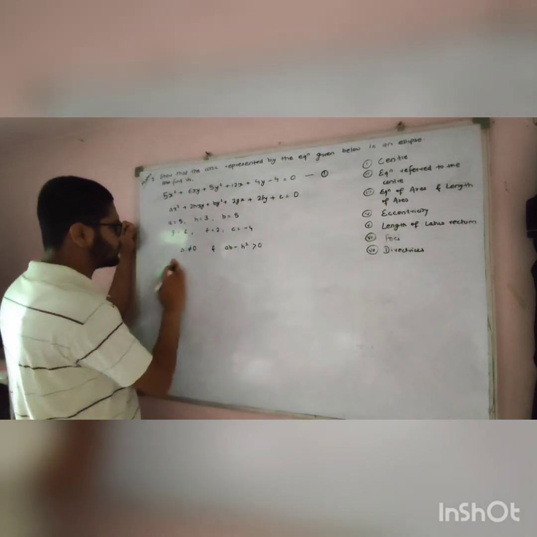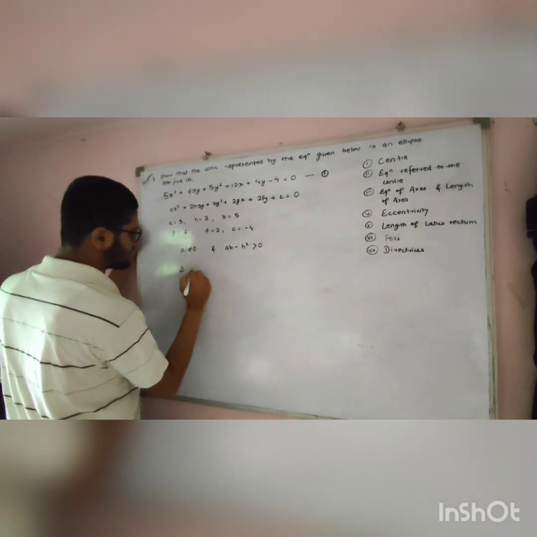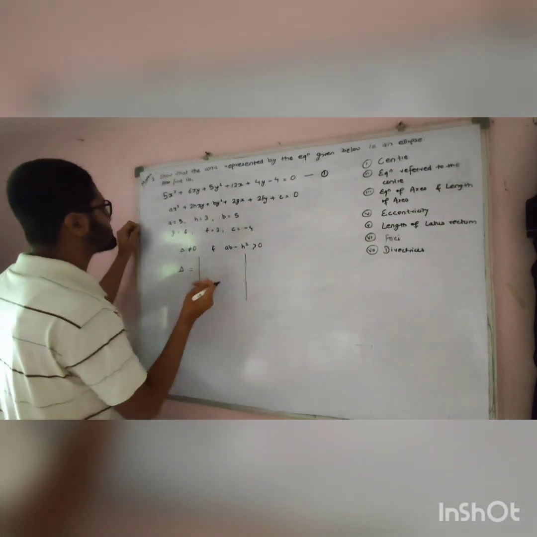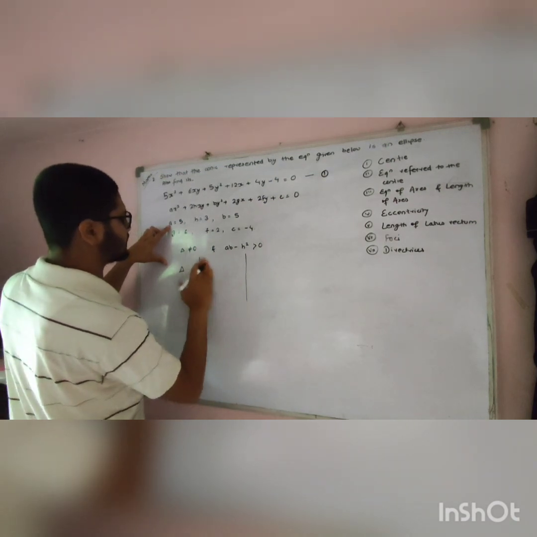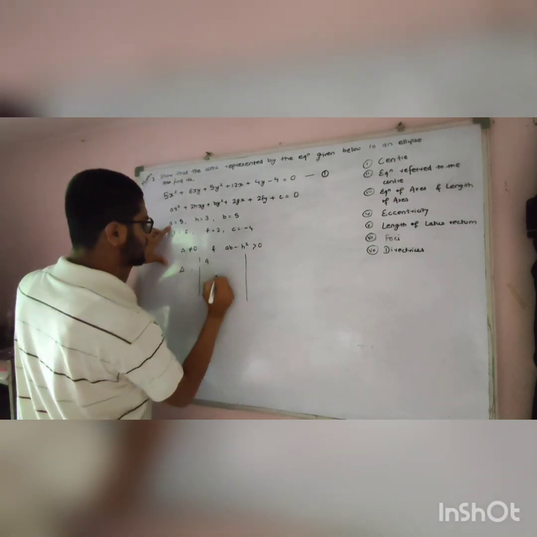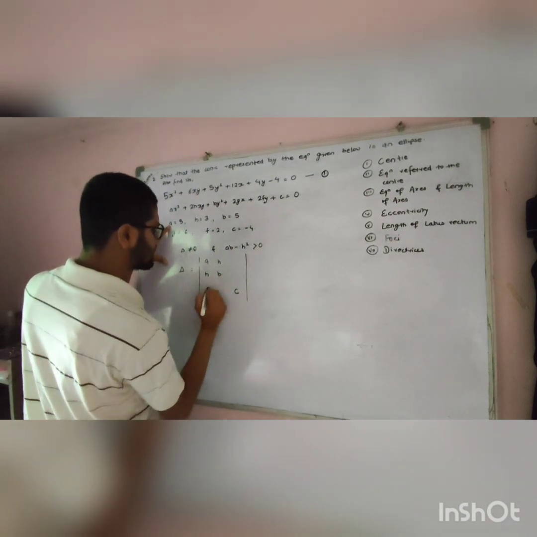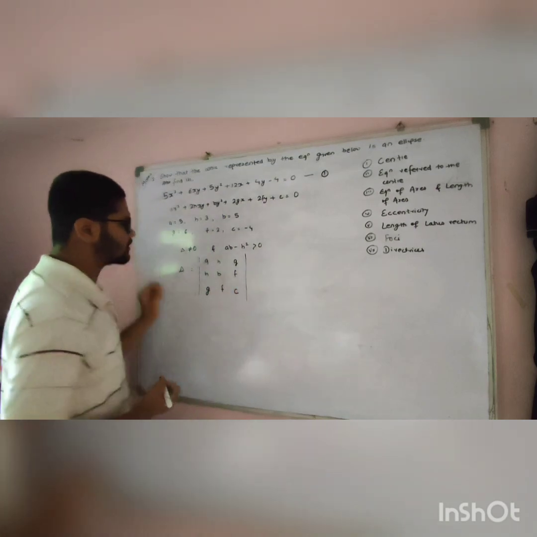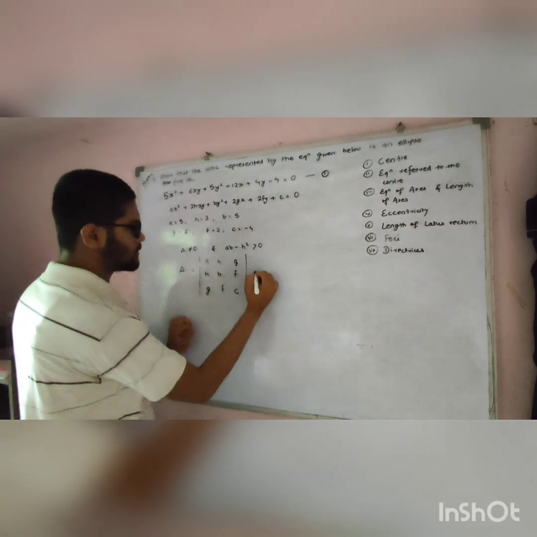Moving on to the first condition, we have to find the determinant, writing it in matrix form. I'll first write the formula, that is a, b, c, h, h, g, g, f and f. So we are finding the determinant of a 3 by 3 matrix.